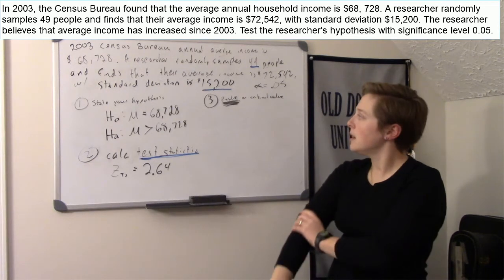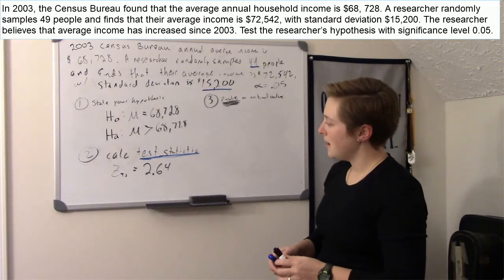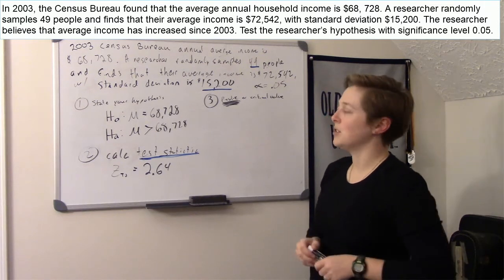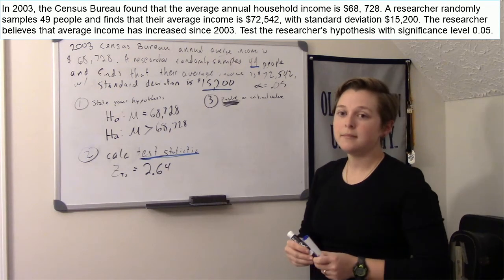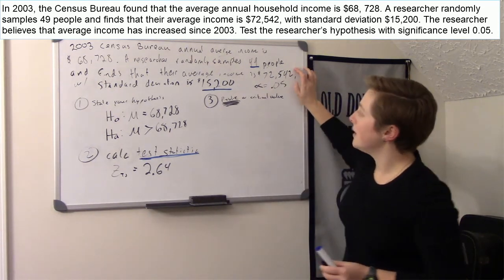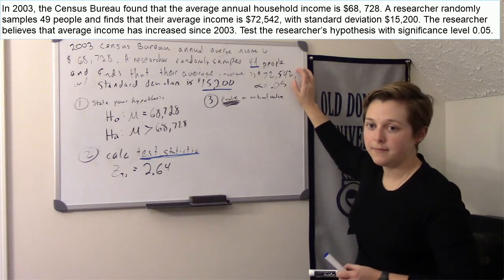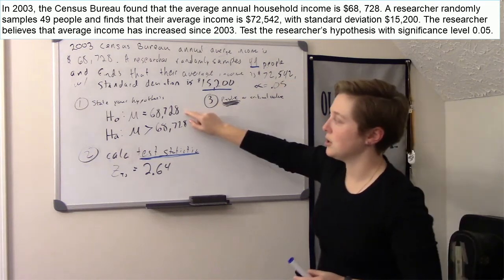Okay. All right, so talking about p-values. So p-value, what is that, first off? That is the probability that you would observe a sample mean that is this extreme, assuming the null is true.